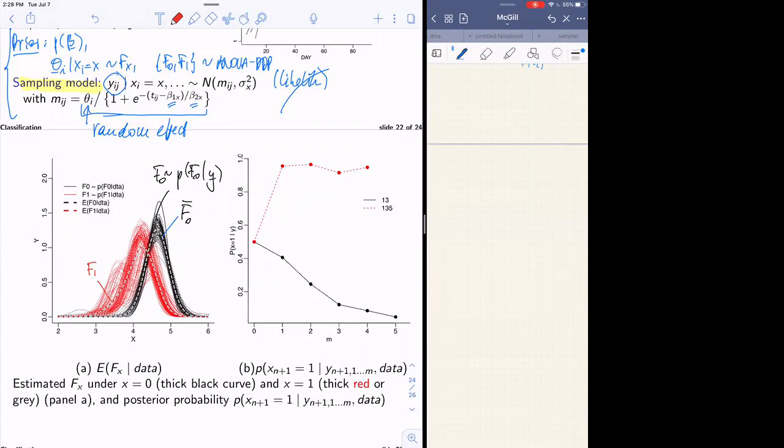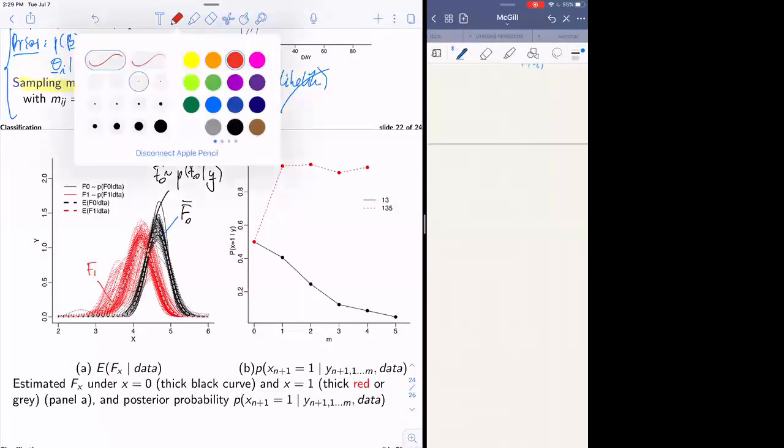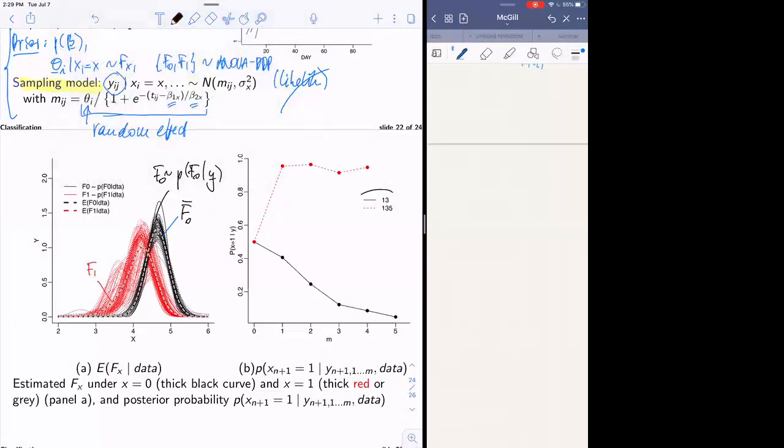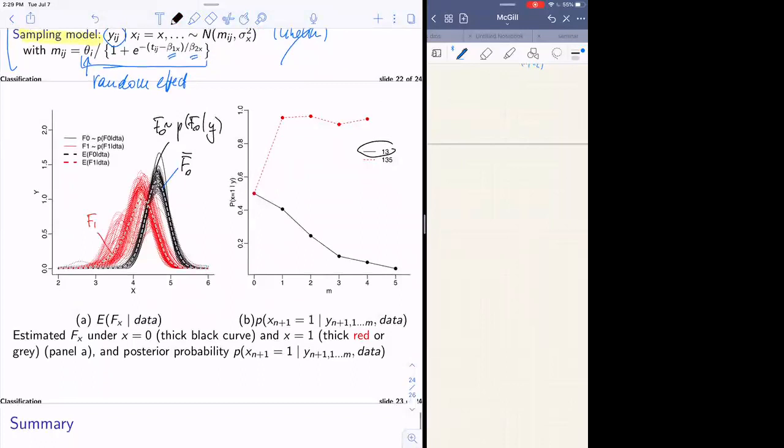And once you implement inference in this model, we can also do classification. In the right panel now you see what would happen with a new patient. Let's first focus on the black patient, patient number 13 here. The woman comes in, and at the first visit you observe some hormone measurement.